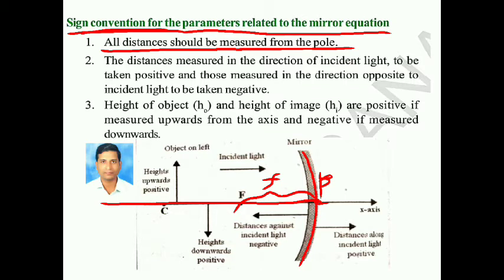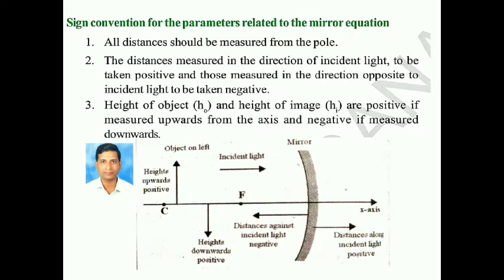For example, you are measuring radius of curvature. You have to measure radius of curvature from pole to center of curvature. This is radius of curvature R. Like this, all distances must be measured from the pole only.